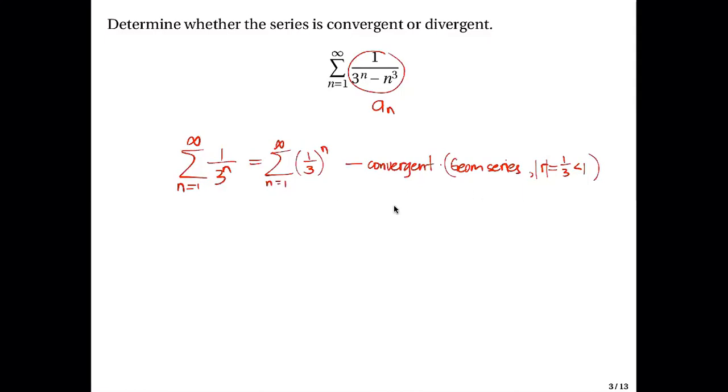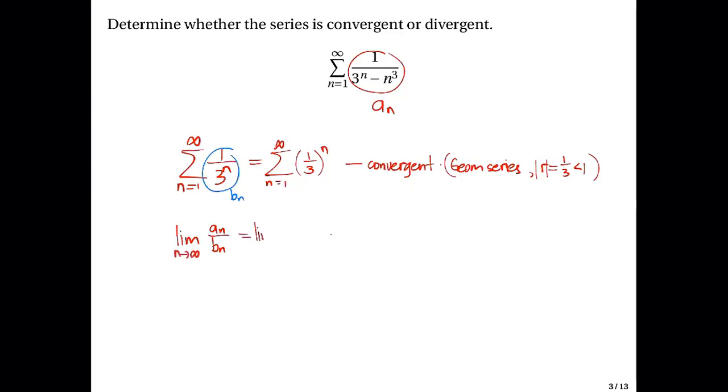So, what do we need to do now? Either you look at this, you now compute for the limit of, so ito, isulat natin na ito yung ating bn. Ito yung magiging bn natin, and of course, ito yung an natin. So we want to compute now the limit of an over bn as n approaches infinity.